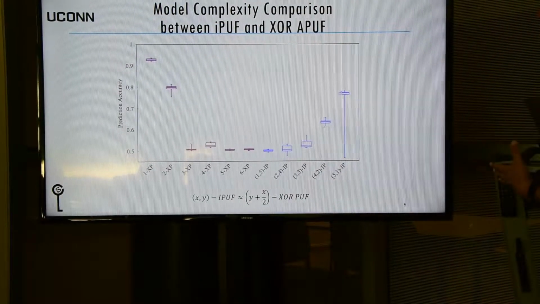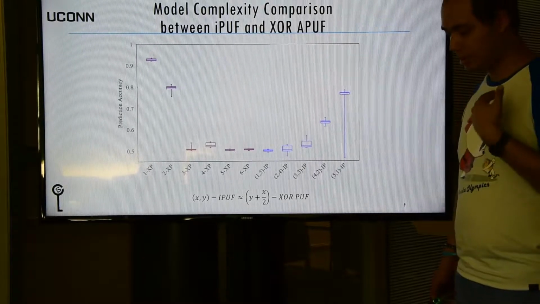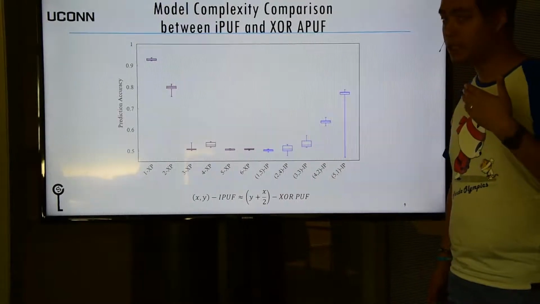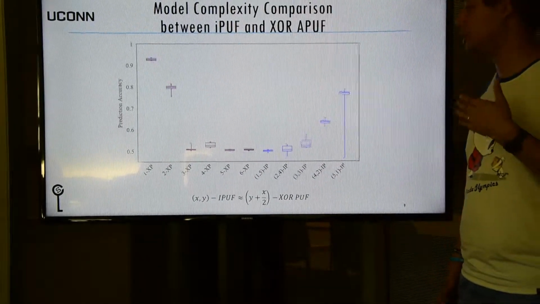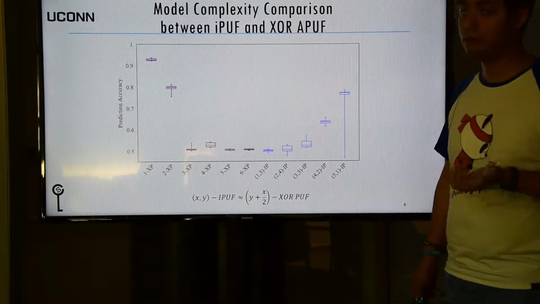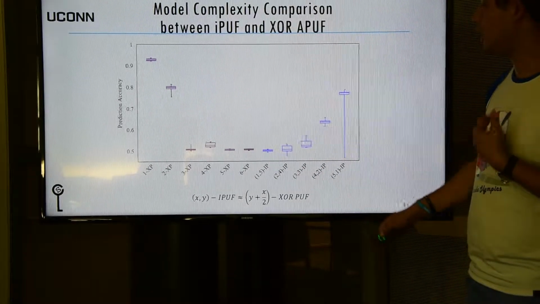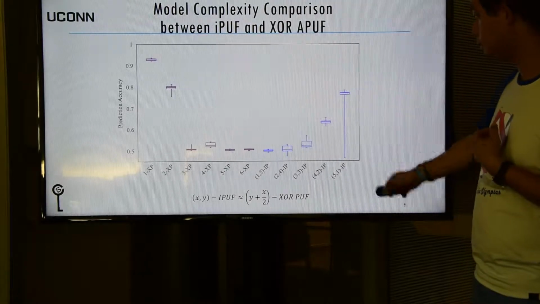This figure shows that we did some CMA-ES-based machine learning attack on challenge and response pairs of different types of XOR arbiter paths and IPaths.